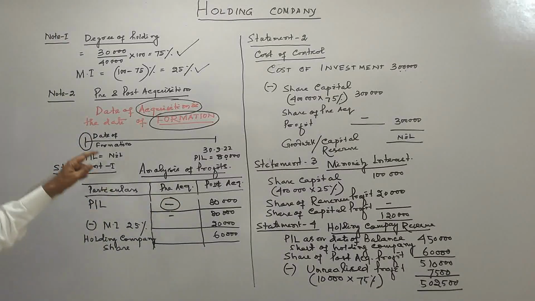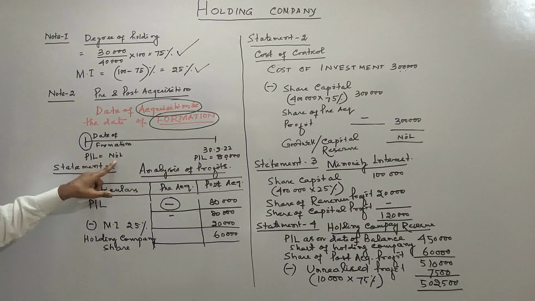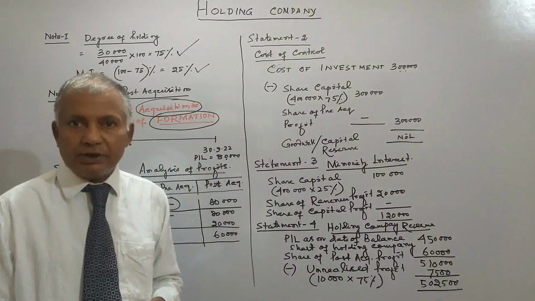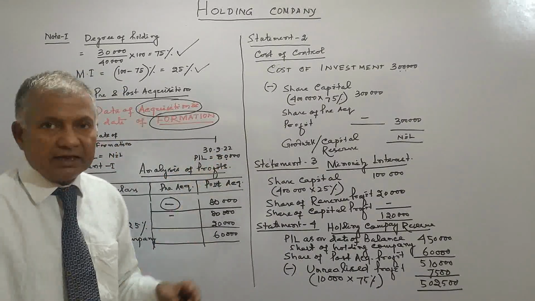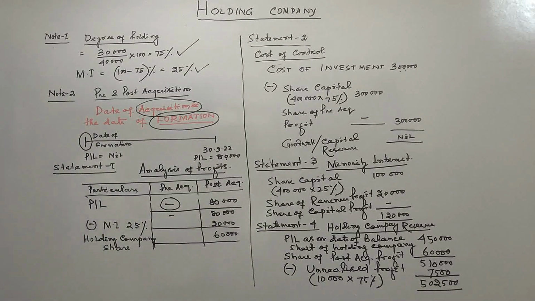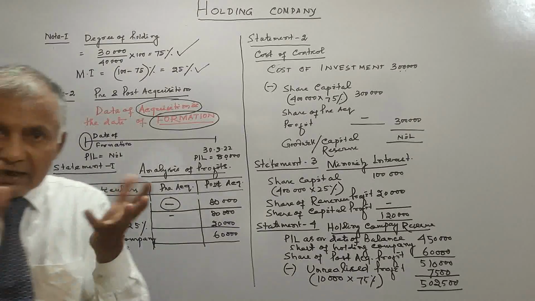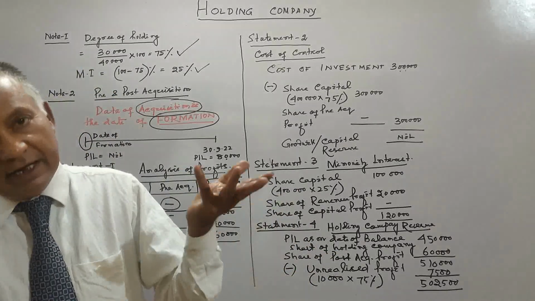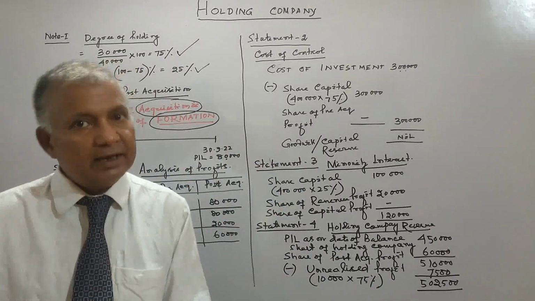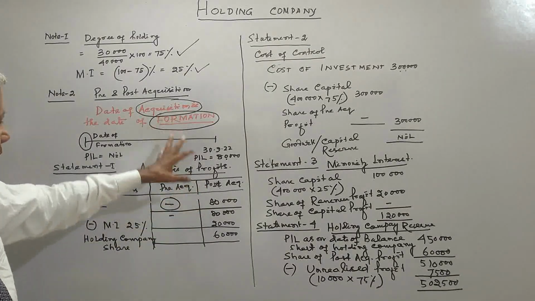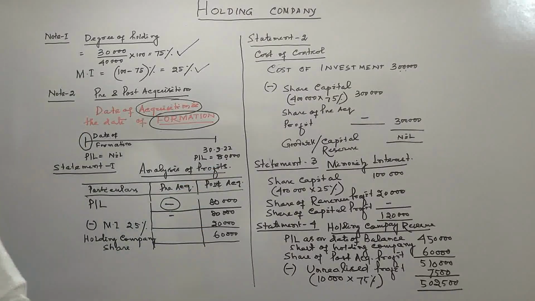If you see, at the date of formation the PL is nil, and at 39/2022 the PL is 80,000. There is no general reserve, no other reserve here. As on the date of acquisition, that is the date of formation, naturally there will be no profit. So pre-acquisition profit is 0, post acquisition profit is 80,000. That is what the problem is telling.